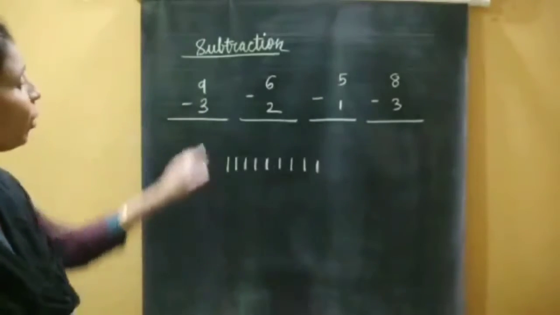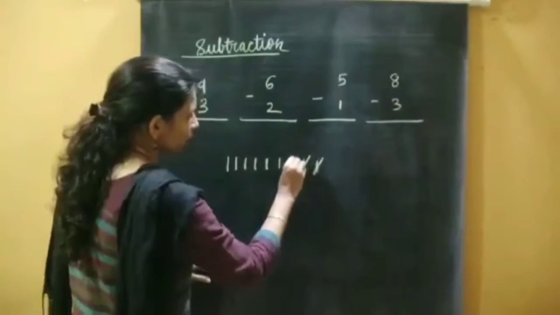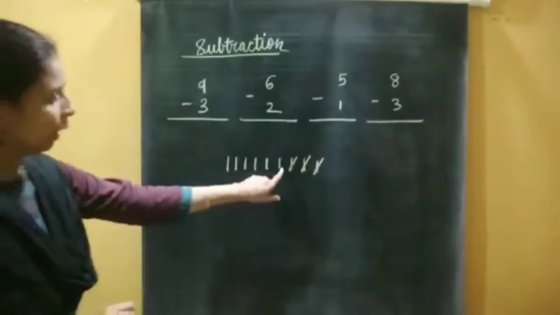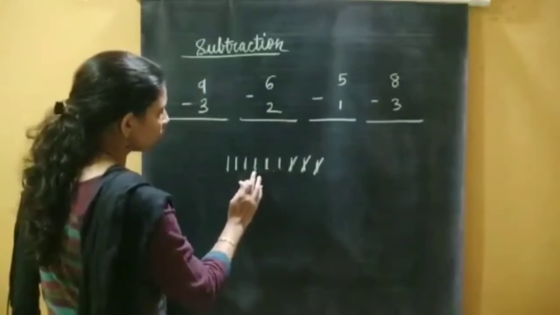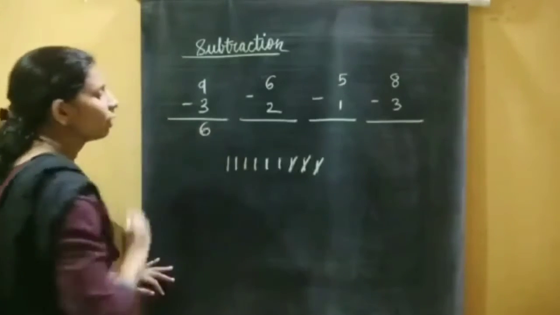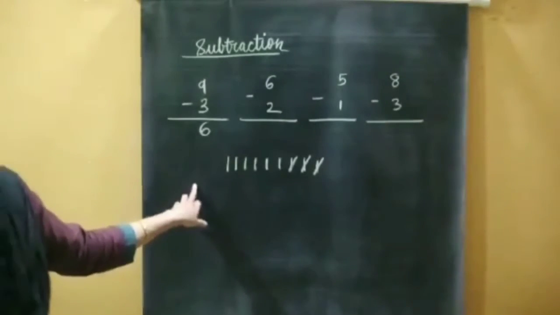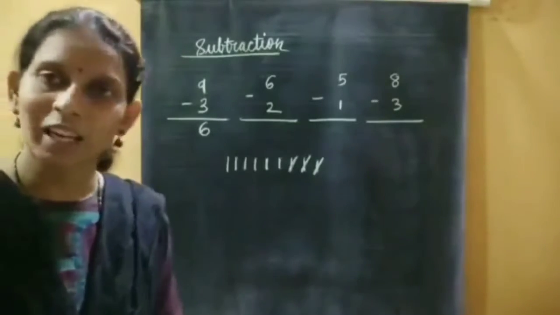Okay. And minus 3. So cut 3 lines. 1, 2 and 3. Now just count the remaining lines. 1, 2, 3, 4, 5 and 6. So what is the answer? 6. This is the first method. Okay, by drawing lines. But it takes time.